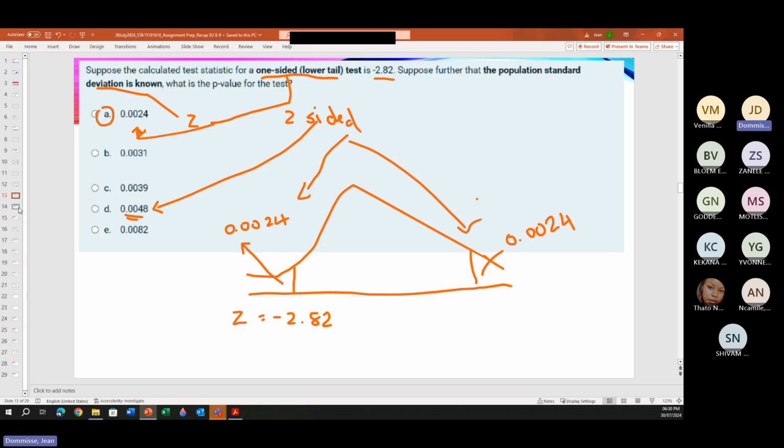A lot of the time it is then something different in the exam. It is important that a lot of the time what then happens in the exam is that they might have it as two-sided, or they might have that as a positive.